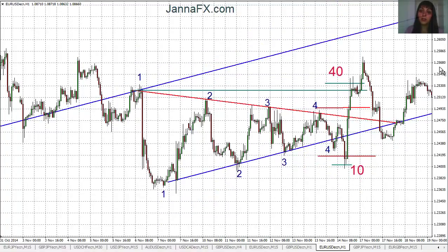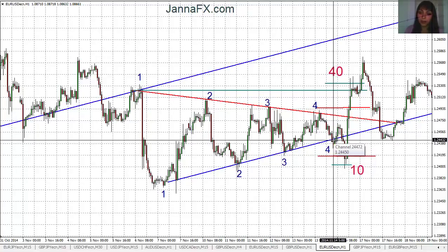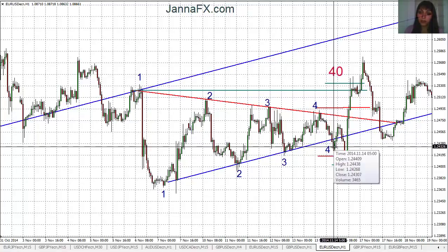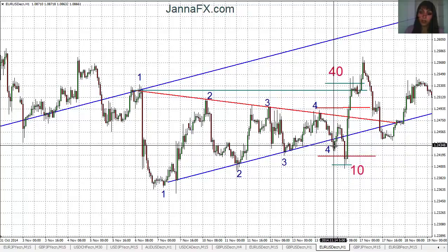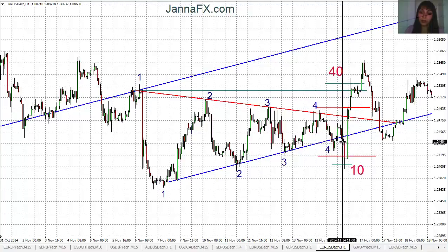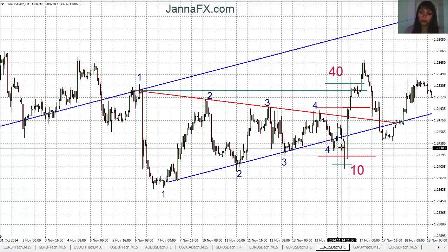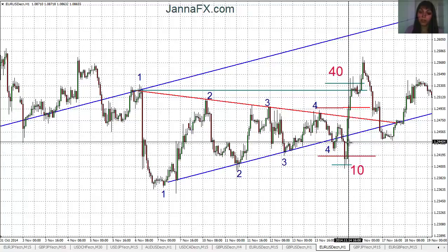Here's what happened. I was trading this one, and it started to break in here. As you can see, it started to break, but then it moved back, and the next one, they were news, and as you can see, that's what they've done. They broke our rules.